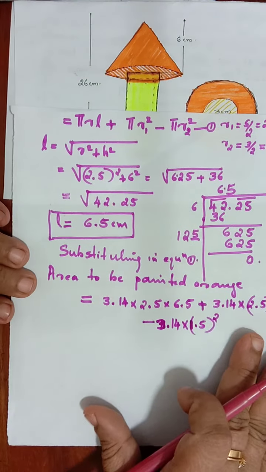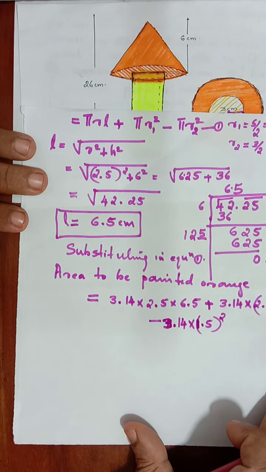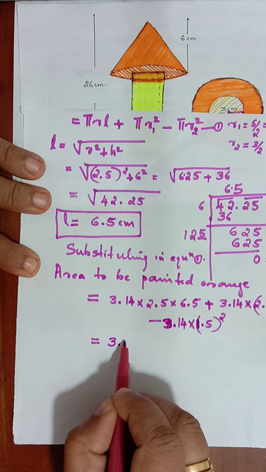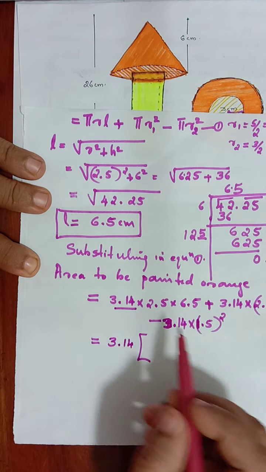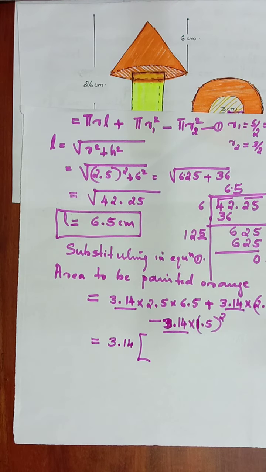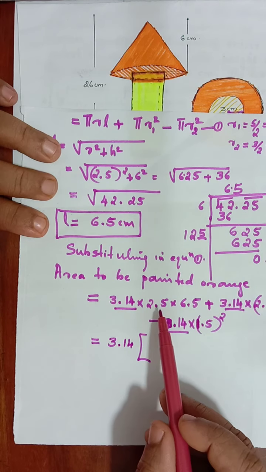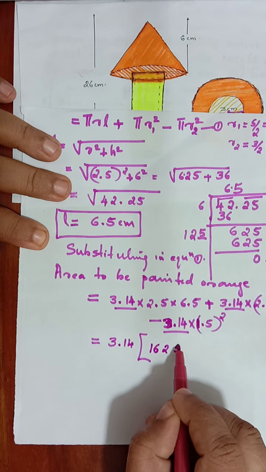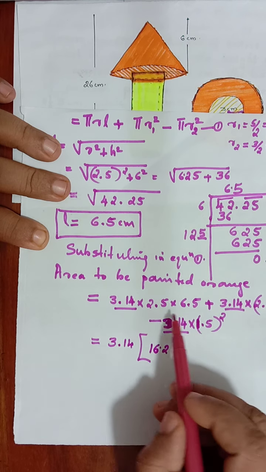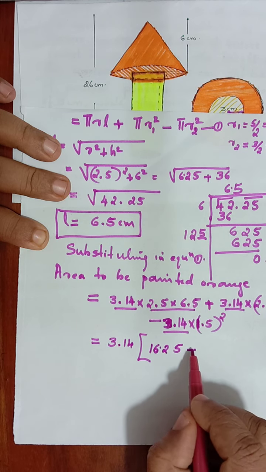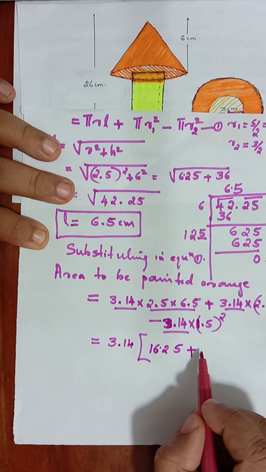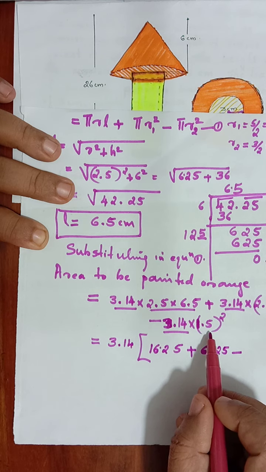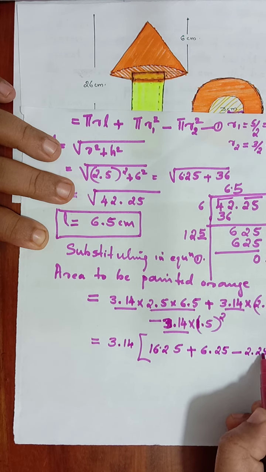Now let us multiply. Simplify this, we will get this equal to, let us have 3.14 outside, because in all the three terms we have 3.14. You can see like this, 3.14 is available. 25 into 65 you have to multiply, 1625. So double decimal we have to give. So this value is also over now. Plus 2.5 into 2.5, 6.25, minus 1.5 into 1.5 is 2.25.